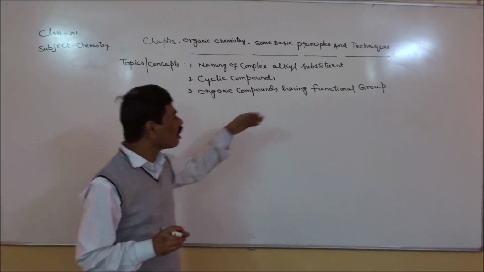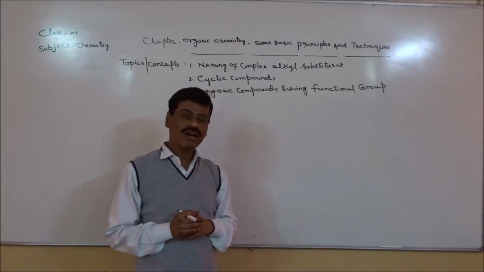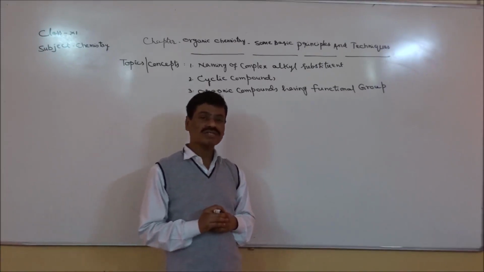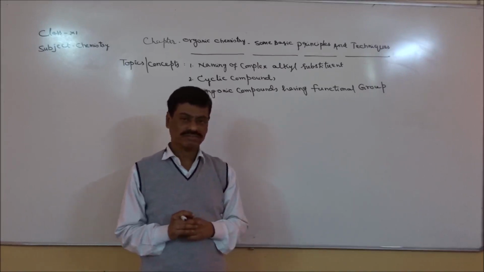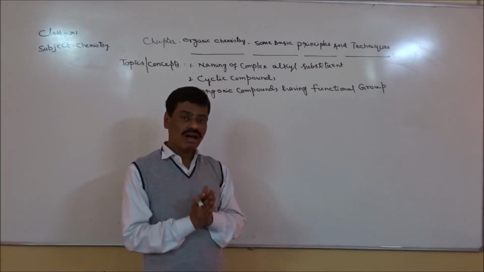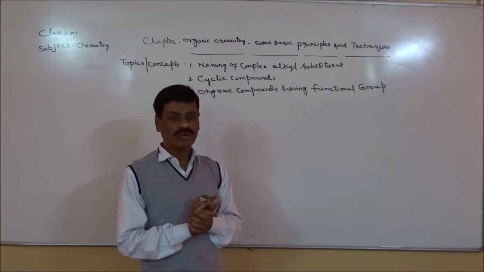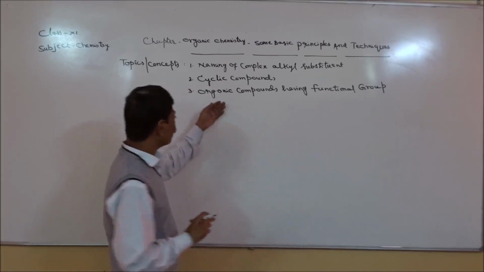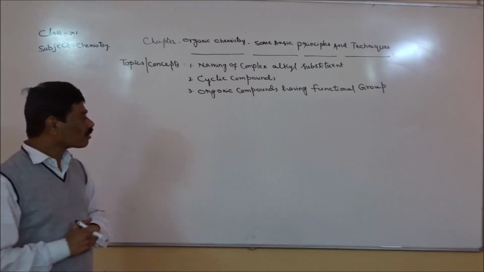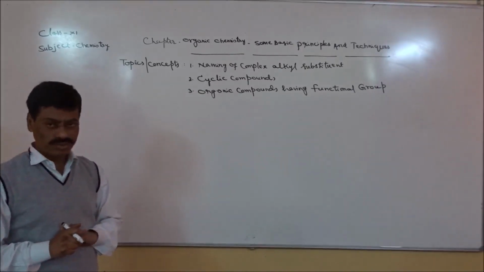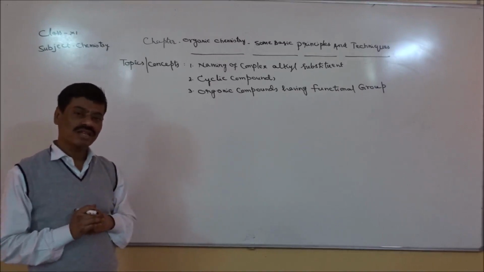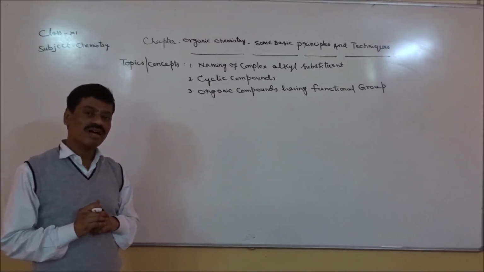And the functional group concept is known to you: an atom or group of atoms which is accountable for similar properties of the entire compound is known as a functional group. In this topic we are going to see many functional groups, many classes of compounds, and examples of the concerned class of compound.